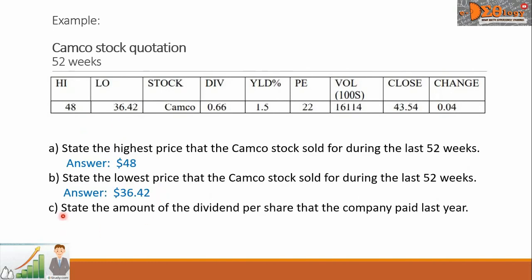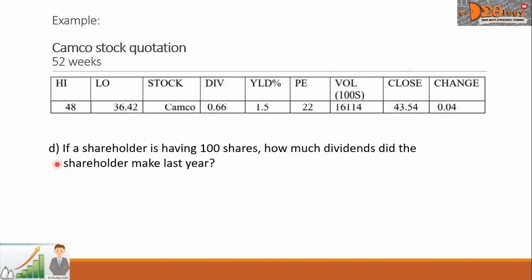Letter C. State the amount of the dividend per share that the company paid last year. The answer is $0.66. Letter D. If a shareholder is having 100 shares, how much dividends did the shareholder make last year?